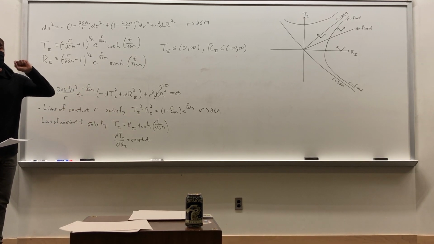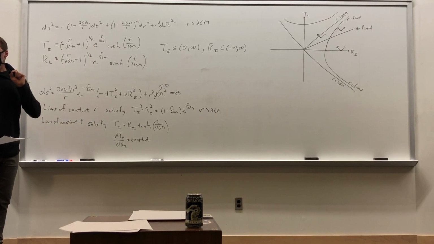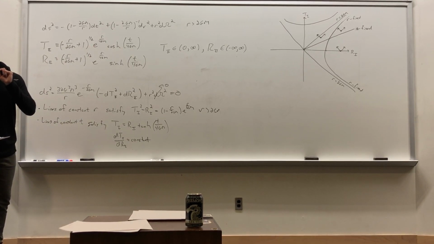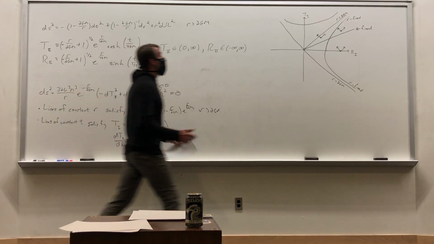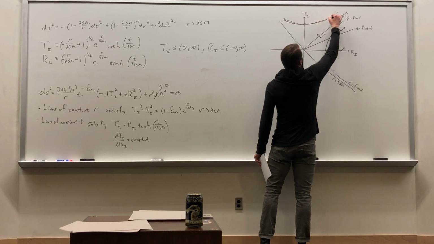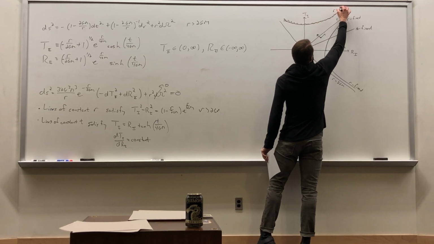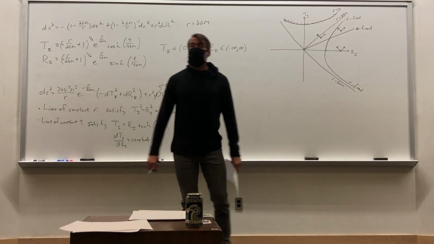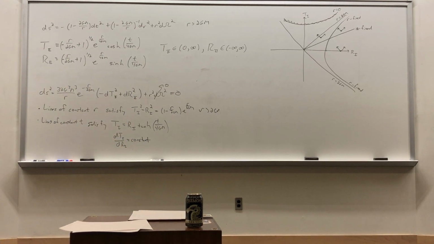There is a special value of R which corresponds to the singularity at R equals 0. Well, that's a curve. So this we could identify as the R equals 0 singularity of the black hole. I know it's a line, but that's just the way it works out.